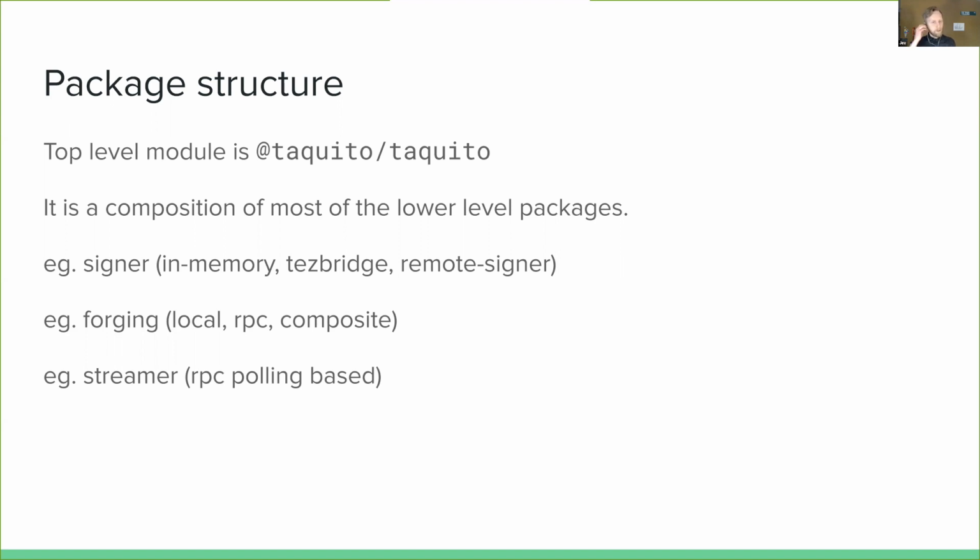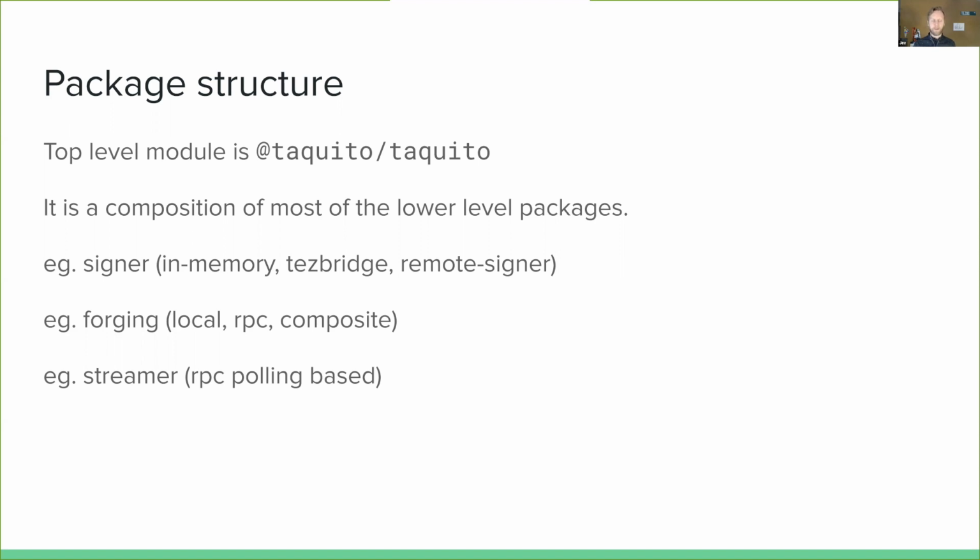At the top level of this monorepo, we have the package called Taquito, and this is where all the high-level abstractions for Taquito live. So if you're building an application, the majority of anything you would want to do should be possible using Taquito, the high-level API.